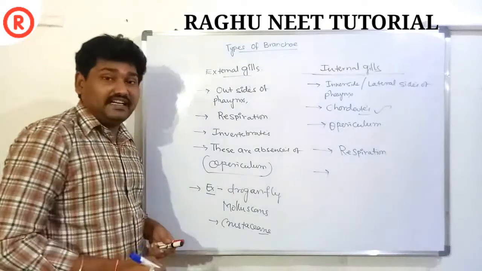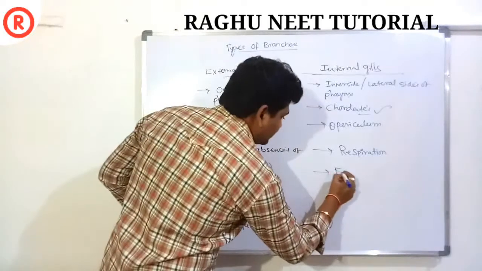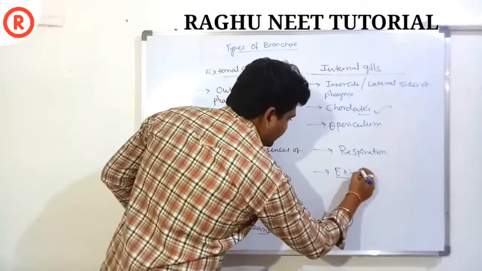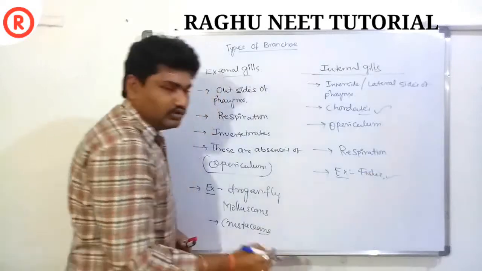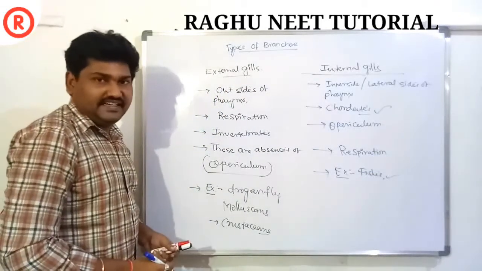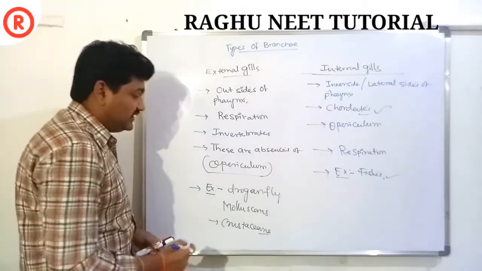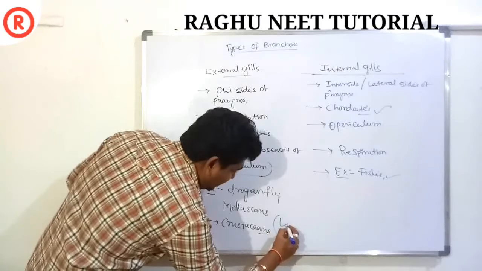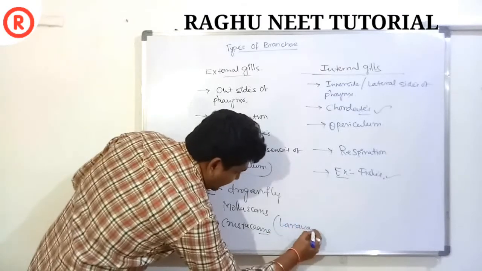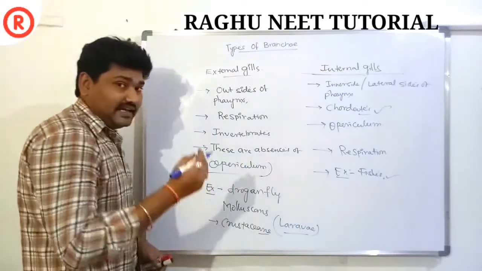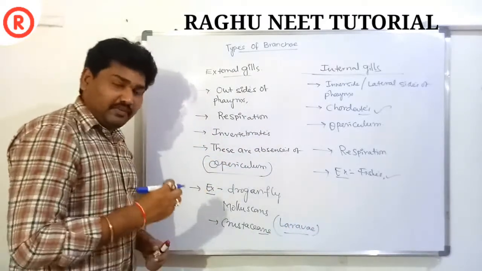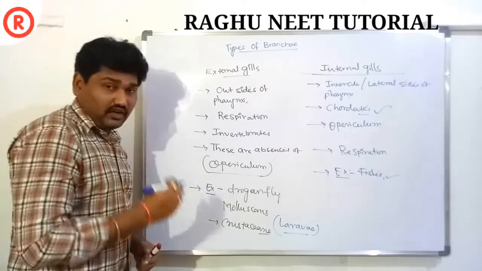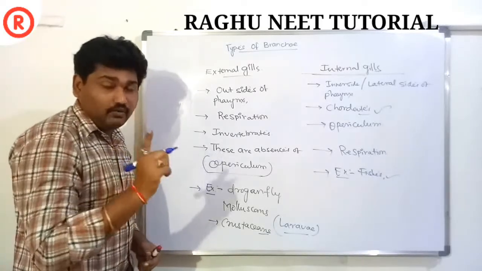Examples of internal gills: fishes. Most of the fishes show internal gills. Another example is larva. Larvae also have external gills, like the tadpole larva, an amphibian larva, and fish larva, which don't have any operculum.